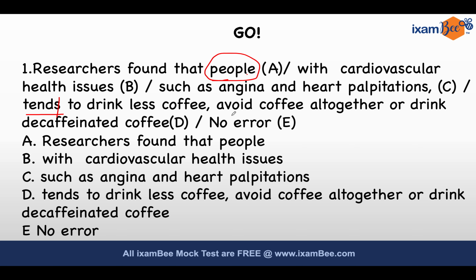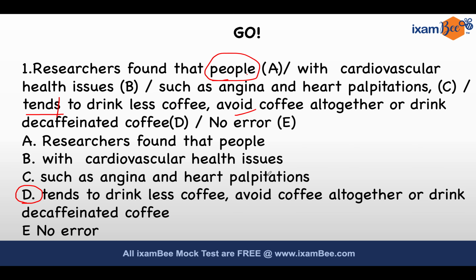The clue is avoid. This verb is agreeing with people, but this verb isn't. So when you start reading it in fragments, you will be able to identify exactly where it is going wrong. That is the reason it's very important to read it as a whole first, then read it in parts. So our answer is option D.